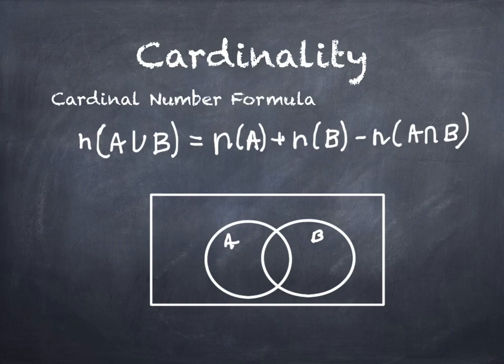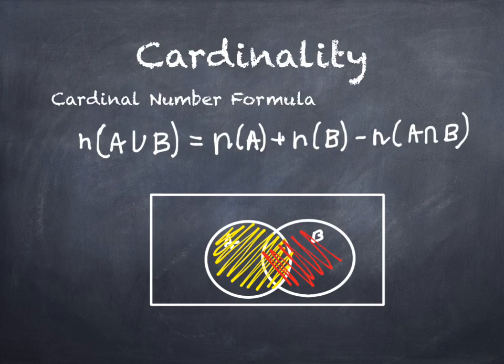What I want to do is shade each of these regions on the right-hand side of this formula. Well, at least we'll start here. If I were to shade circle A, it would look something like this. That's all of circle A. I'm going to change colors, and now I'm going to shade all of circle B. So if I do that, what do you notice?